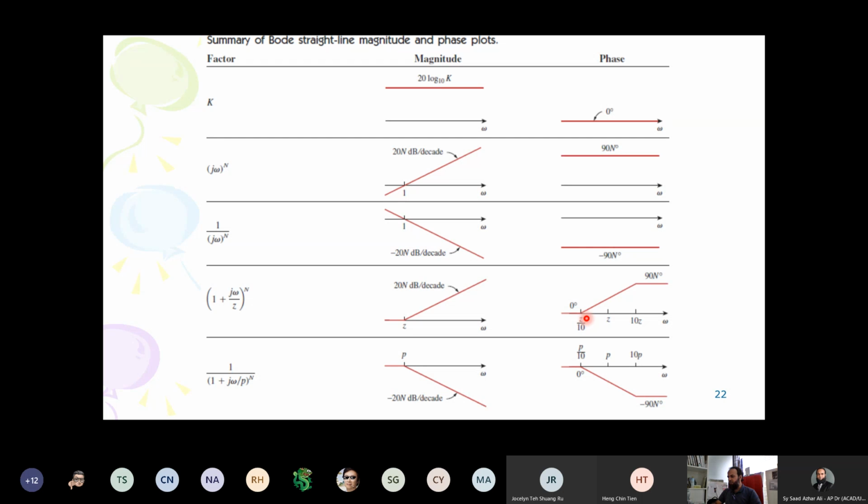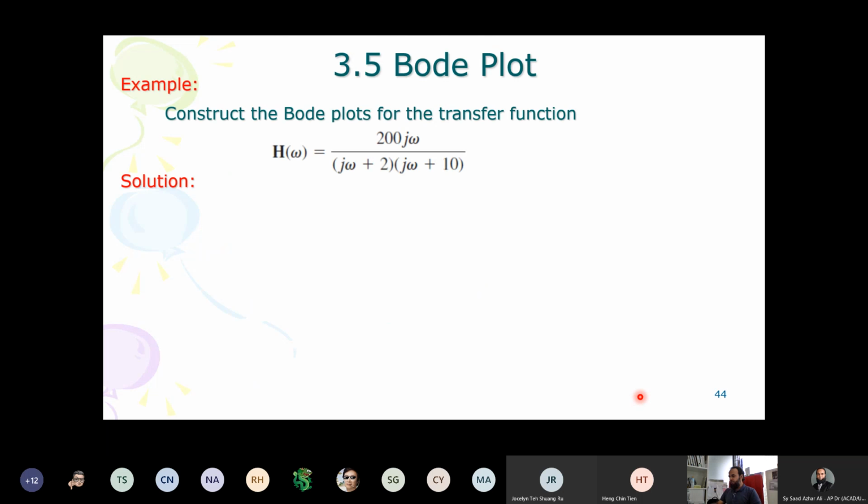And similarly, the angle goes from 0 to 90, centered at Z, so Z will have 45, plus 45 and minus 45. We'll show you an example. Similarly, for the pole, start at P, go 20 dB per decade downwards, and the phase from 0 to minus 90 downwards.